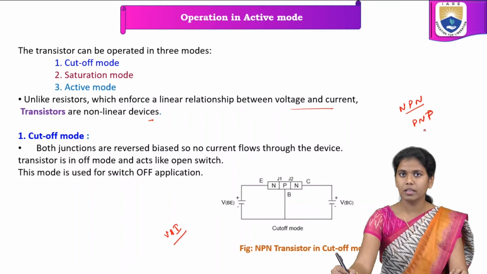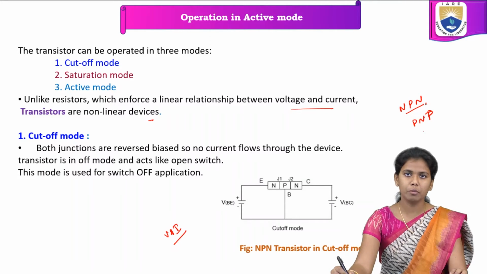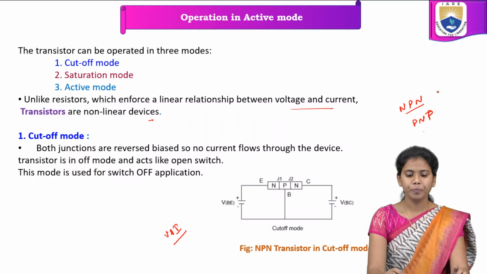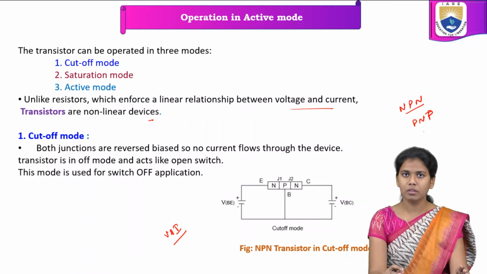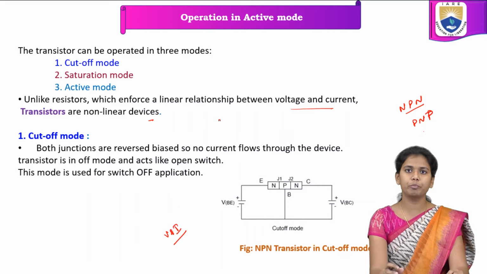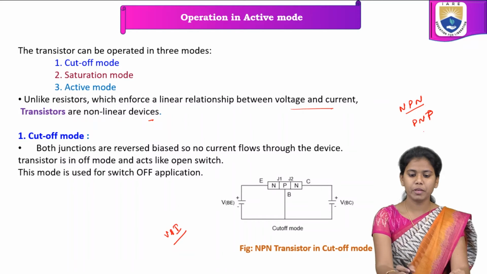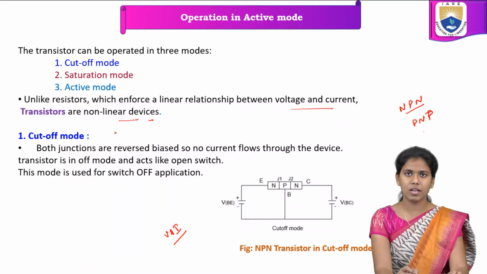Rather than the PNP transistor, we will go for the NPN transistor. Unlike resistors, a linear relationship between currents and voltages cannot be seen with non-linear devices like transistors.